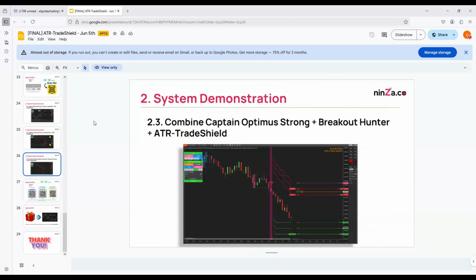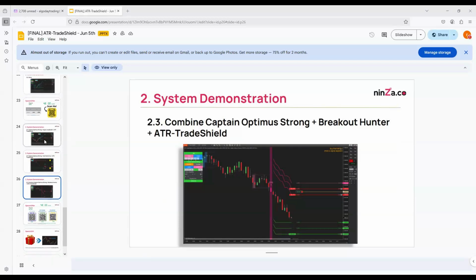NQ. Buy signal 1. I mean, obviously, the Captain Optimus and the ATR threshold would work with any of their indicators. It's just that I wasn't aware of the breakout. I was really working with Arcade System Platinum.